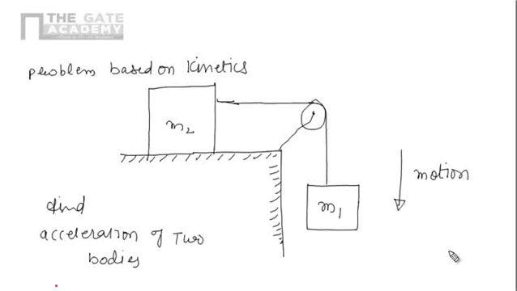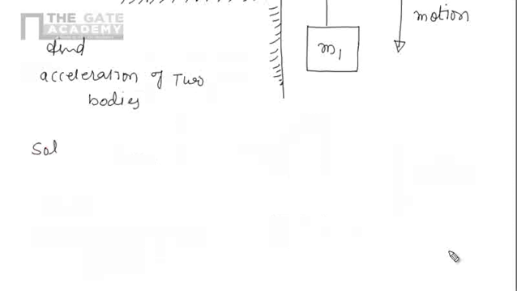So for solving this problem, let's draw the free body diagram of each body. So FBD of M1. For M1, the weight will act in downward direction, that is M1G. Tension will act in the upward direction, that is T. And motion is in downward direction.